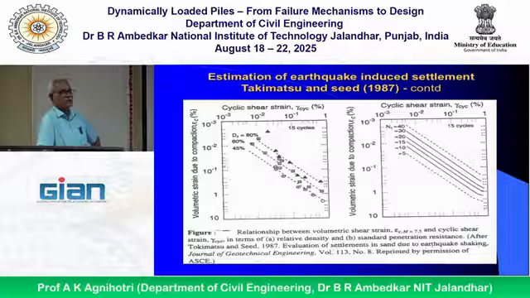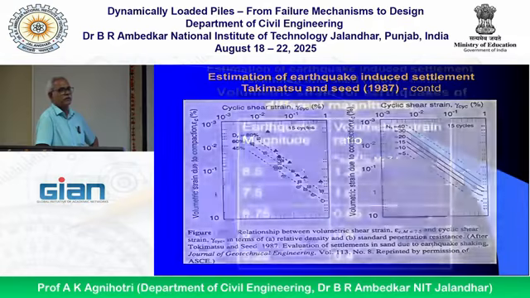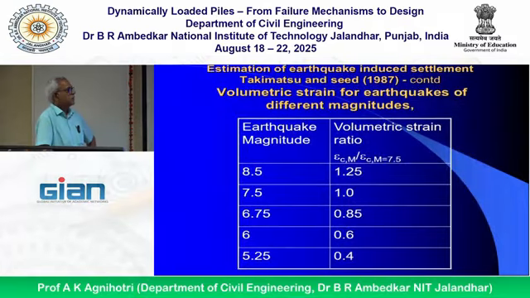From this volumetric strain you can calculate the correction, because all those curves are for an earthquake of magnitude 7.5. So if the earthquake expected in your area is different from that, then the epsilon C value which you have calculated must be corrected.